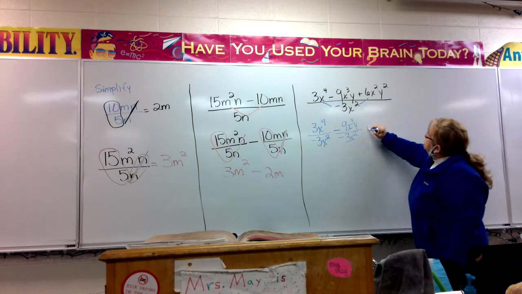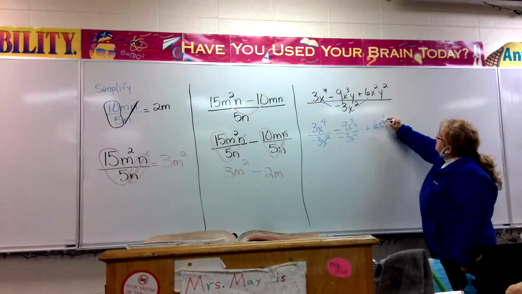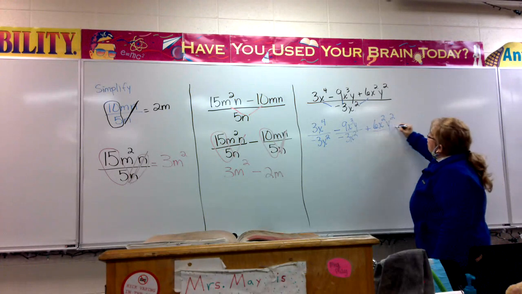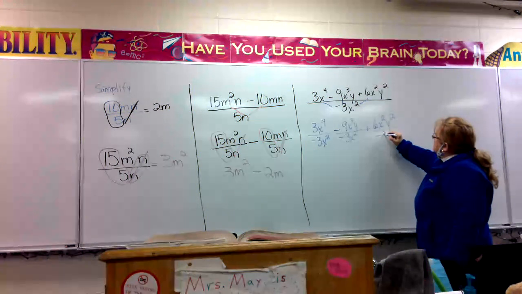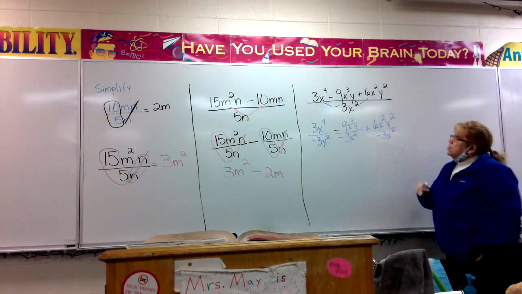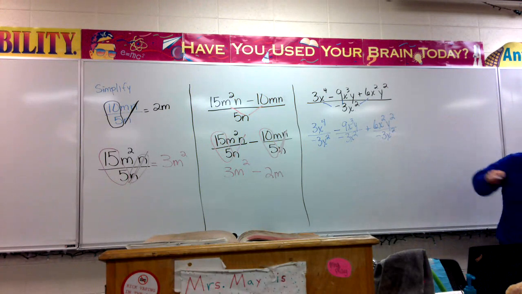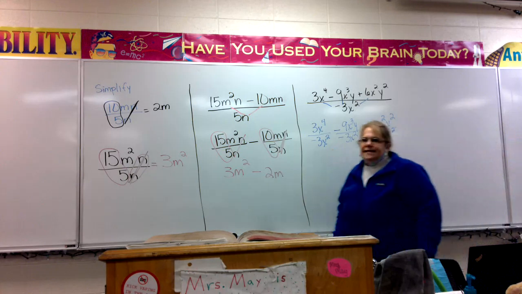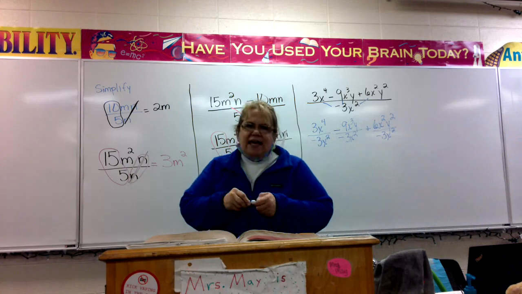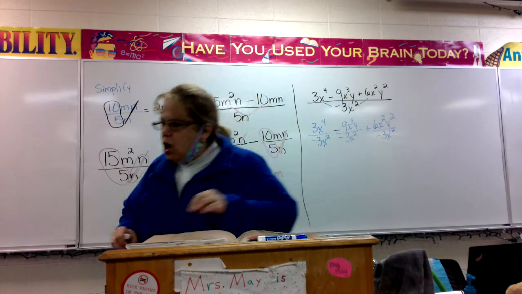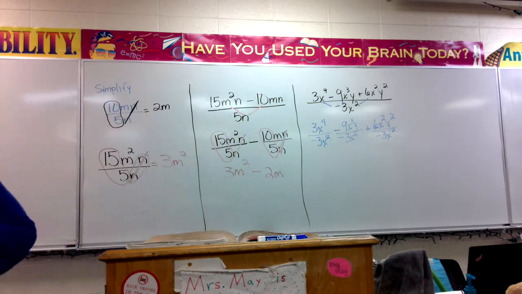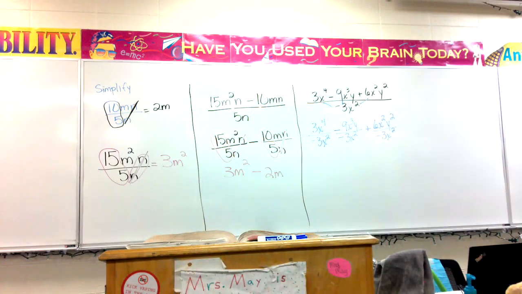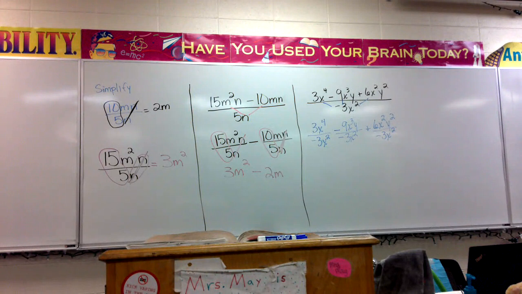And then plus 6x squared y squared over the bottom thing again. And remember, when you write this down, all the bottoms should be the same, right? They're all over the same thing.